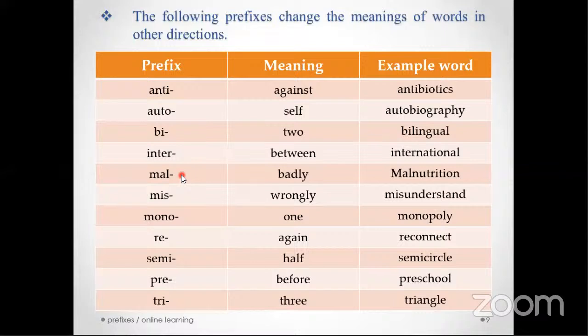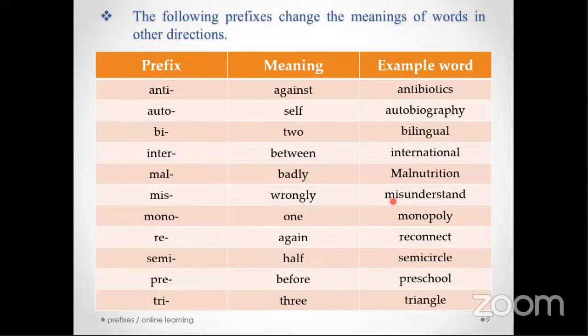The next prefix is mal, that means badly, නරක ලෙස. Malnutrition. Nutrition කියන පෝෂණය, malnutrition මන්ද පෝෂණය. The word mal gives the meaning badly. Next one, miss, we learned it earlier. Miss means wrongly, misunderstand, වැරදියට තේරුම් ගන්නවා.